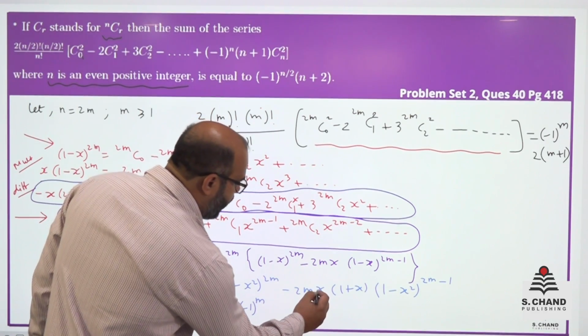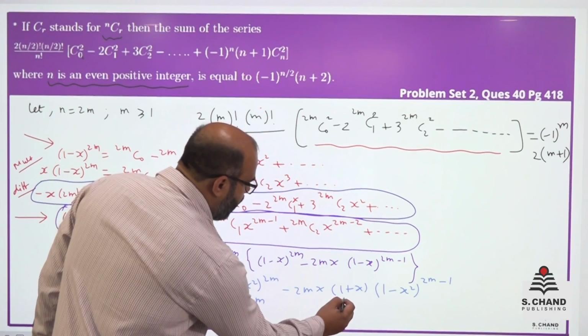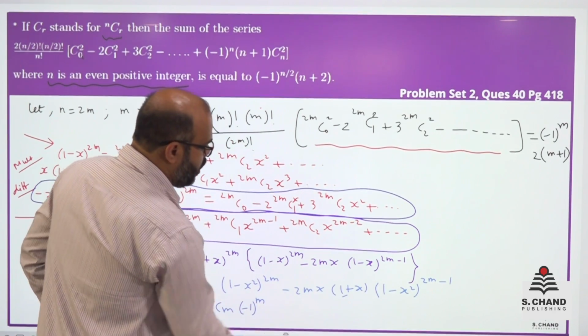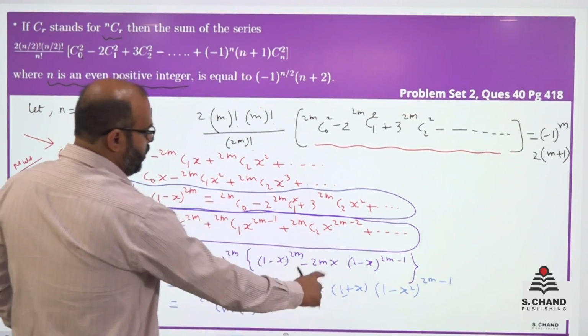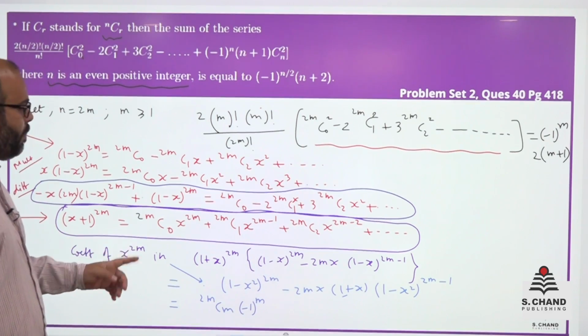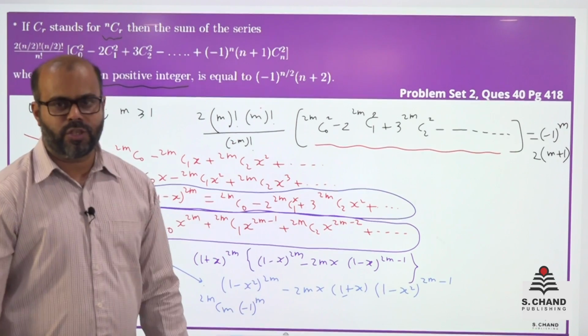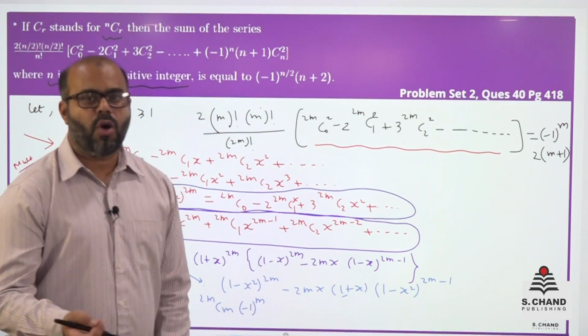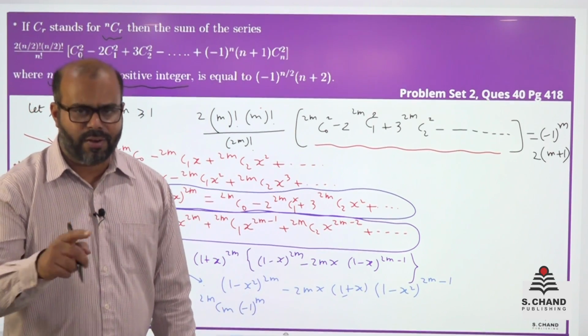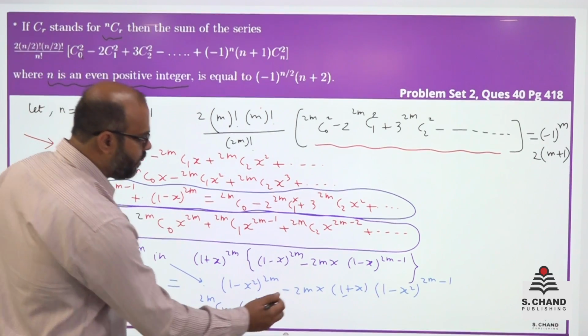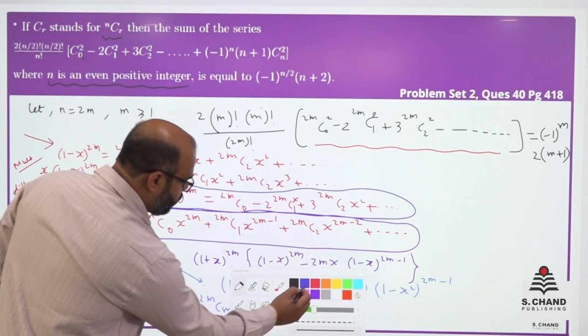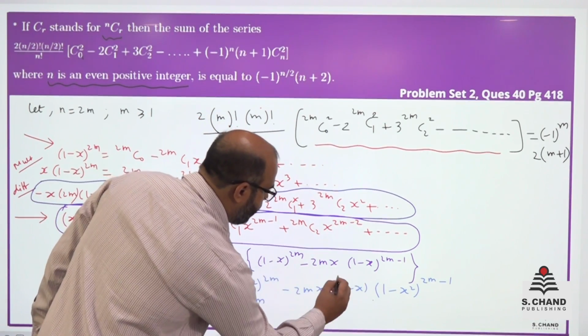Here if you take x and here 1, then it will require x to the power 2m minus 1 coefficient, and you can't get x to the power 2m minus 1 coefficient because x square is there, so all the powers of x are even, not odd. So this one will not give you anything.